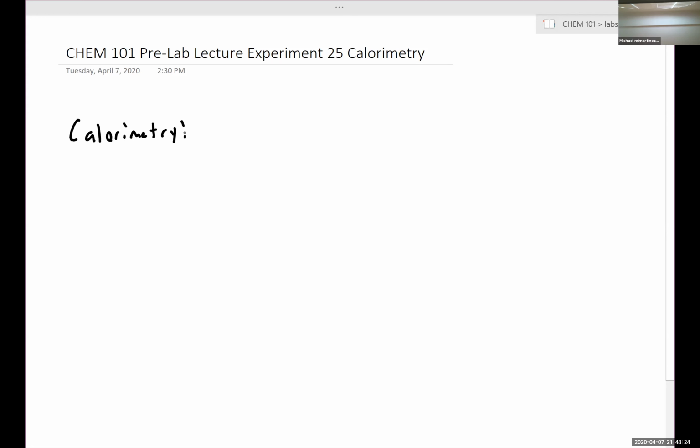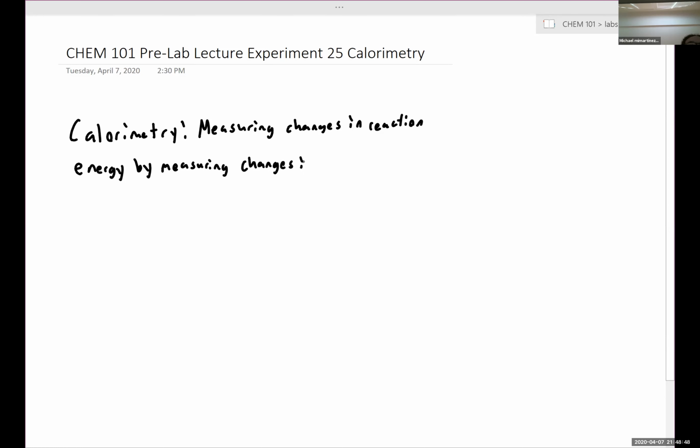And the best way I can describe calorimetry is measuring changes in reaction energy by measuring changes in temperature. That's how I think of calorimetry.